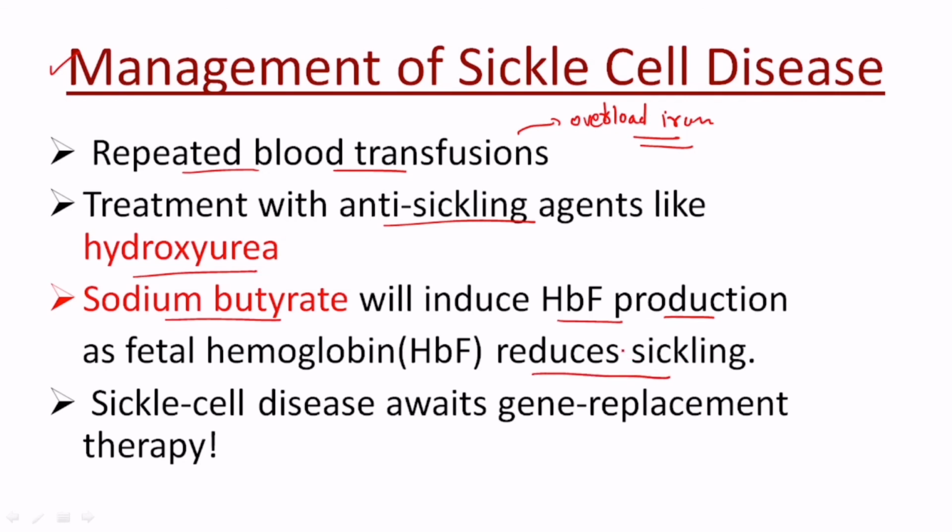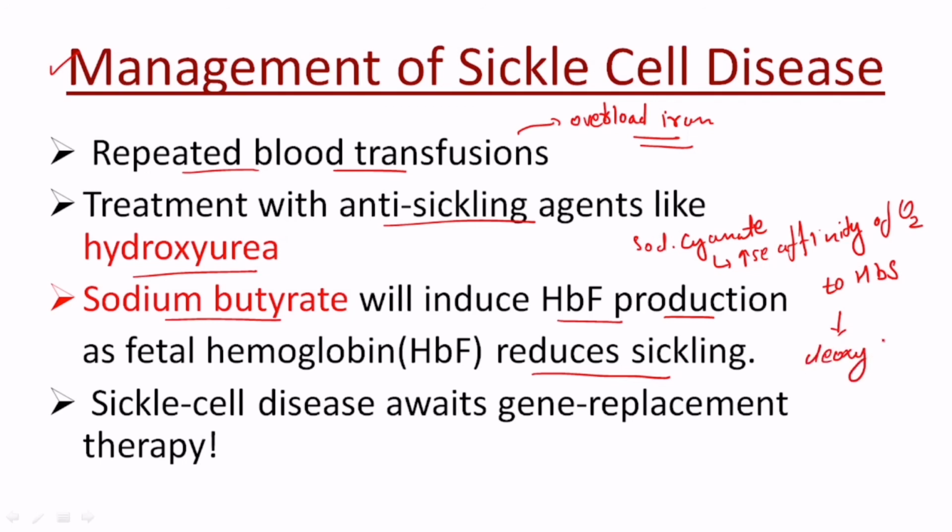And yes, one more thing is that there's sodium cyanate. The administration of sodium cyanate can also be used. How? As it increases the affinity of oxygen to the hemoglobin S. And therefore, when the affinity of the oxygen to hemoglobin S is increased, the formation of the deoxyhemoglobin S is lowered.